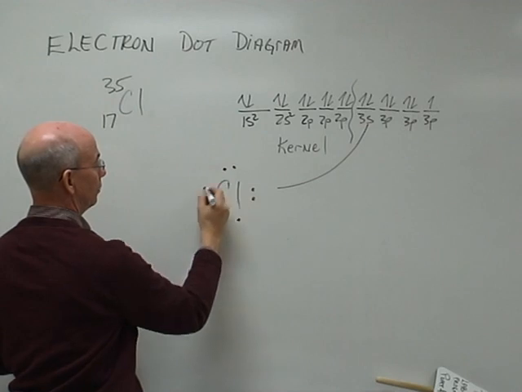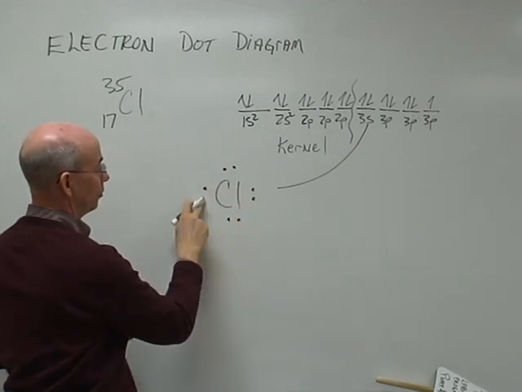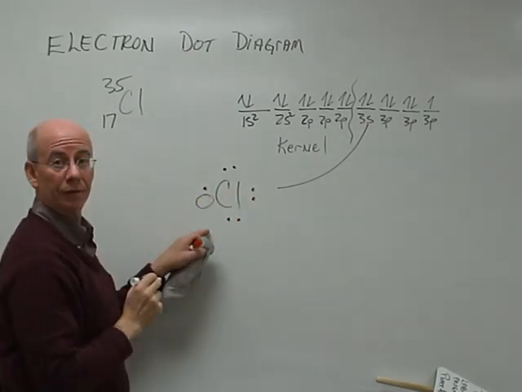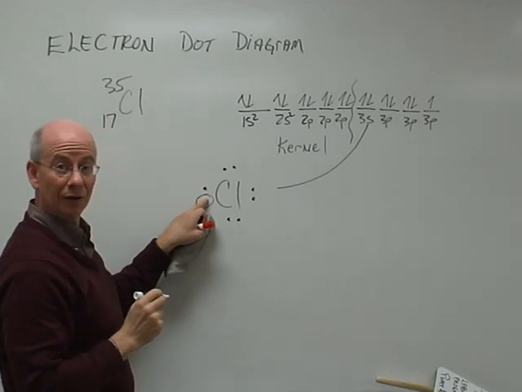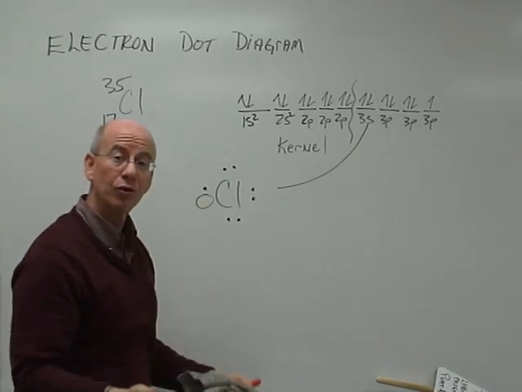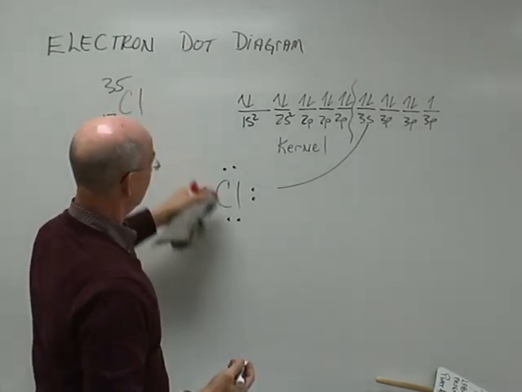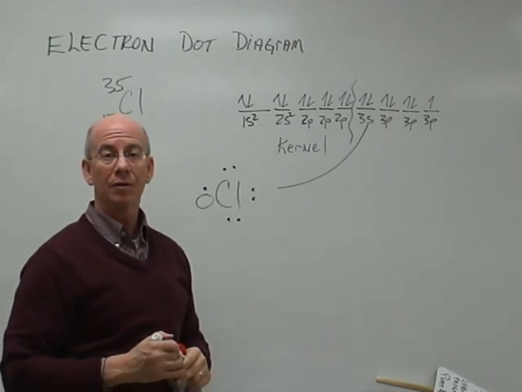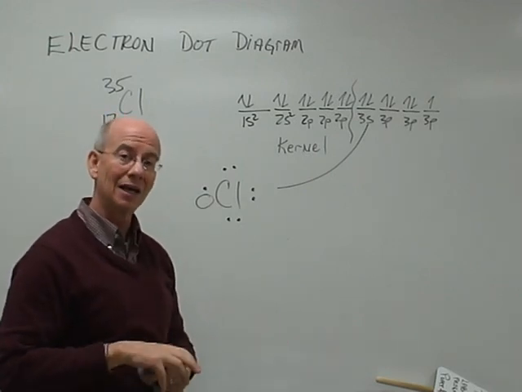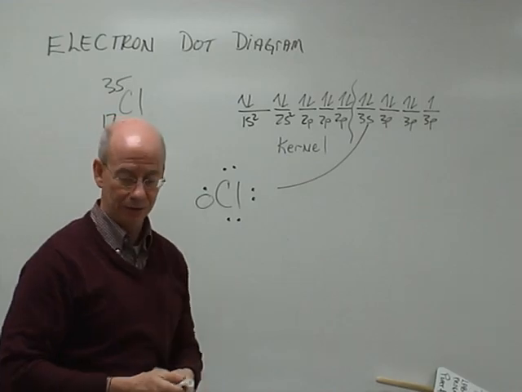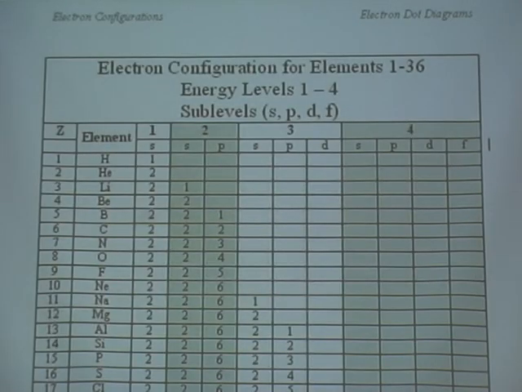I'll pick these 2 here. Okay? And notice this one's open. That's what's going to bond right there. And that's chlorine. It's the 3rd energy level. So you can see the electron dot works at any energy level, but you have to use the highest energy level S and P's.